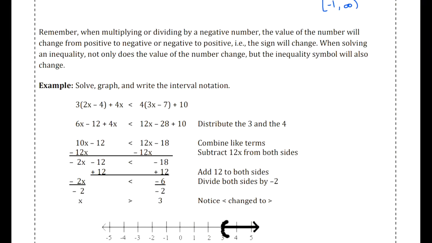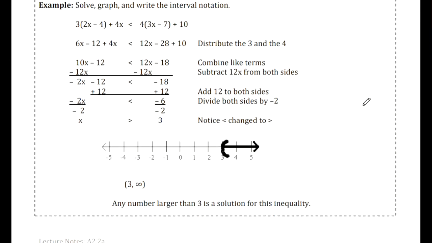And then sometimes we'll have even more work to do before we can graph and write the answer in interval notation. For example, here we have several steps before we can isolate x. So we follow steps very similar to solving equations. There are some important differences that we'll note here.